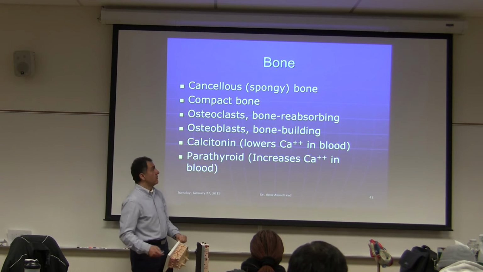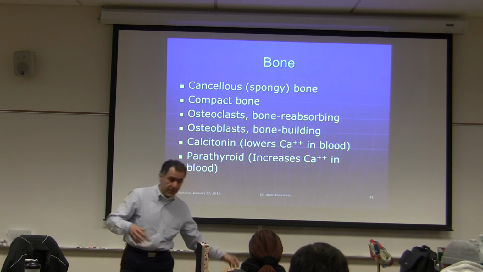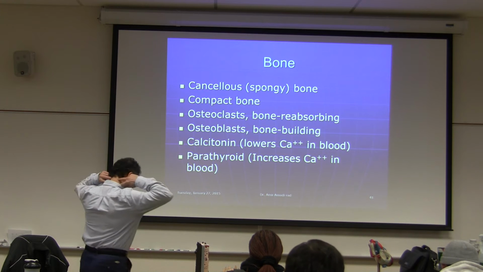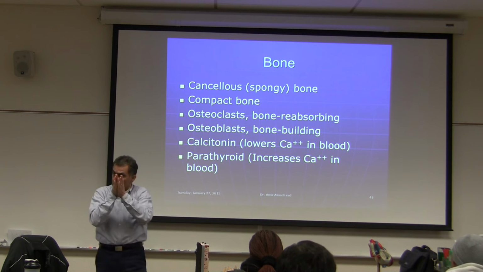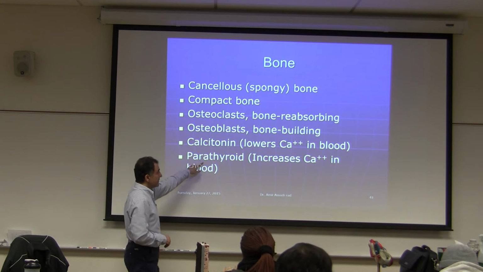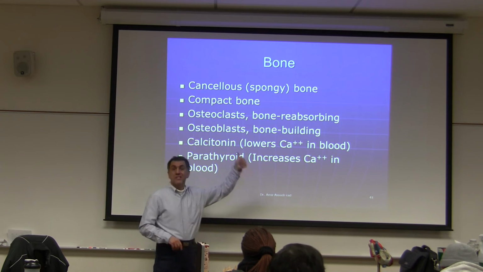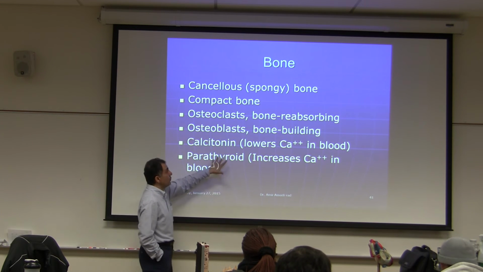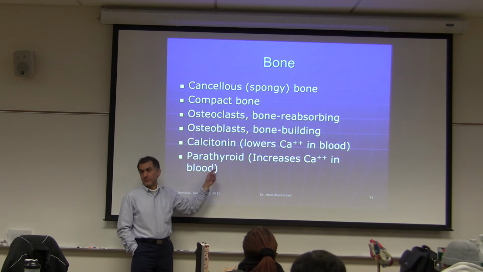Then the other hormone comes from your parathyroid gland at the back of your thyroid gland. If I turn around, there are 4 parathyroid glands. They are separate, but they're close to the thyroid gland. The parathyroid gland makes the parathyroid hormone and increases the calcium level. So which one of these two do you think parathyroid works with?